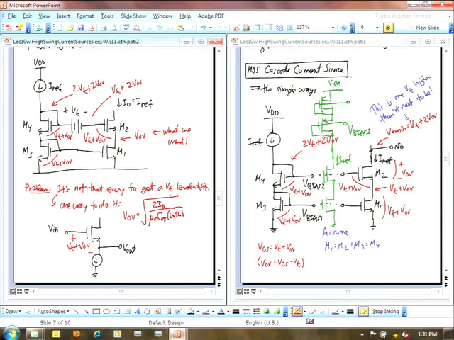Okay? So how do we make that overdrive voltage go to 0? Well, basically, we're going to need to take this W and push it up. Okay? If we make W go up, the overdrive goes down and eventually gets close to 0. Okay? So we can use a large device and small current.